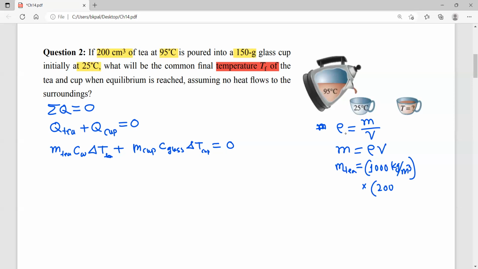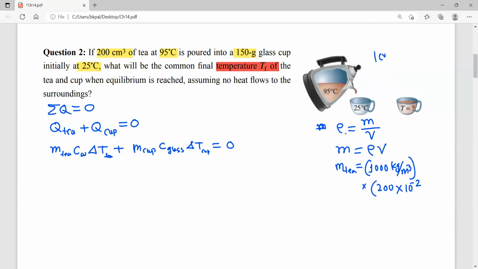Now centimeter cube, you know that's not the standard international unit. So we have to convert centimeter cube to meter cube, right? So what we need is 10 to the power minus 2, 3 times, because we have centimeter cube.